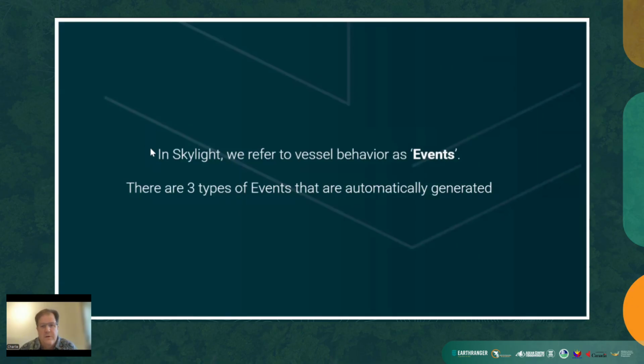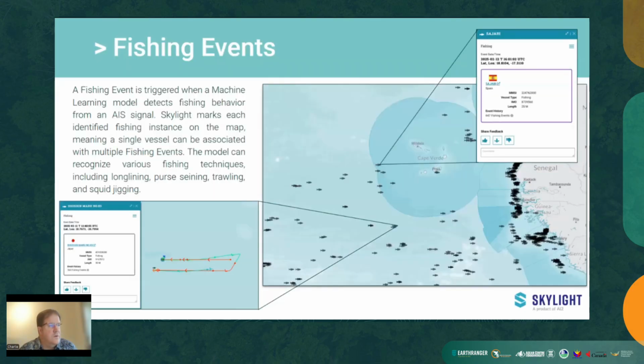That's what we have taught the model to recognize. Also, other activities when ships with AIS might be entering an area like a marine protected area where they're not supposed to be. So the first category of events that we've trained the model to recognize is suspected fishing activity based on the behavior of the vessel from the AIS data. Actually, we could also use other forms of data.